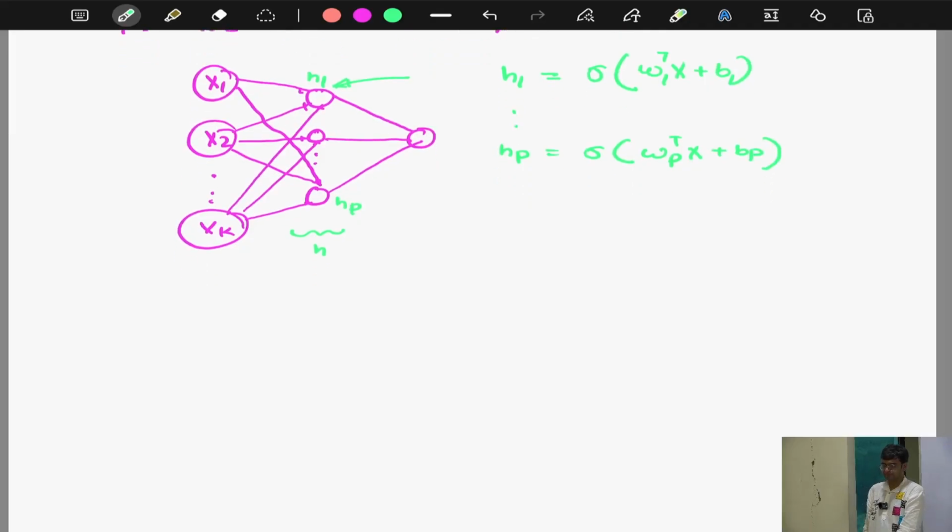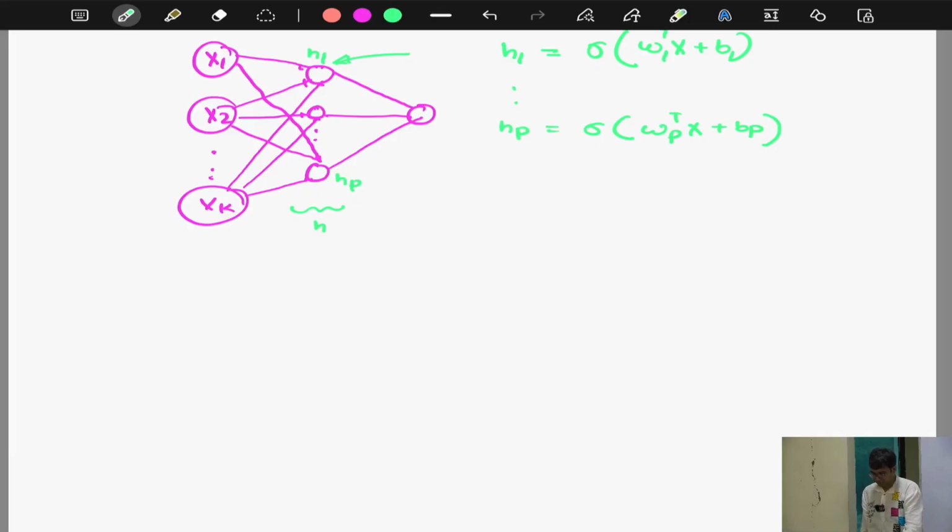Okay, and now what is Y? Tell me the equation for Y. Let us say sigma is not there. I will write it as A because W I have already used, so A transpose H plus BA, since B I have used.